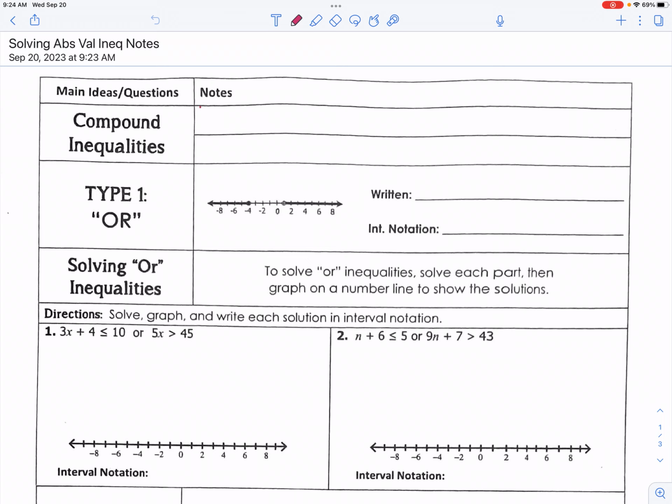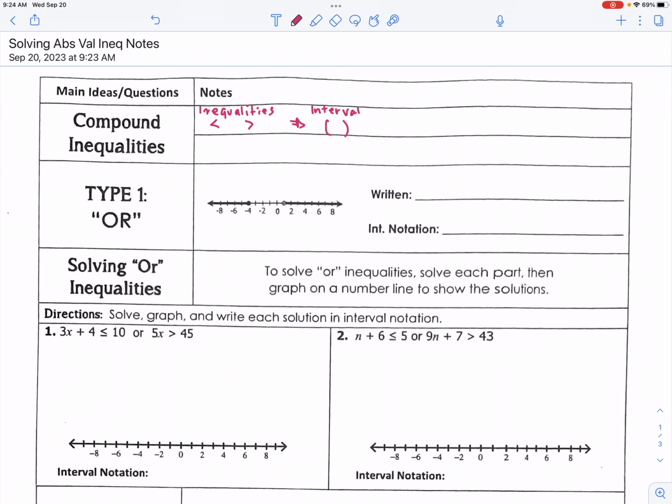Remember when we're doing our inequalities, we're looking at these symbols. So let's say we're looking at less than and greater than. Remember that in interval notation, we use parentheses, right?